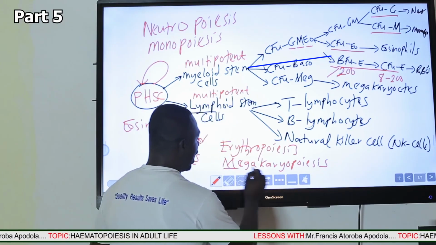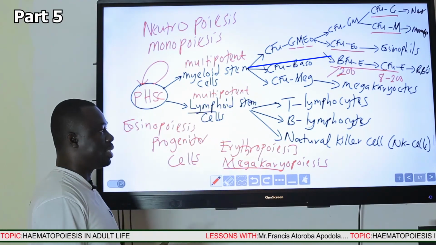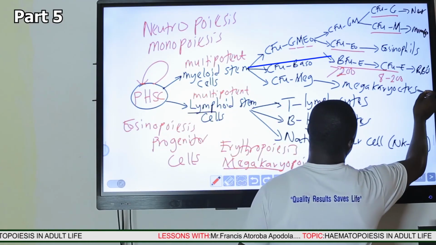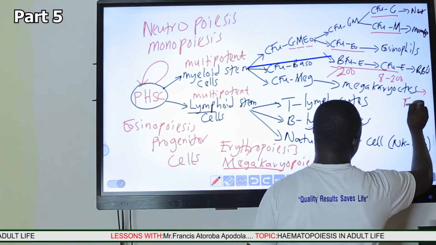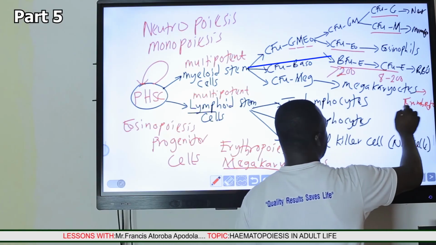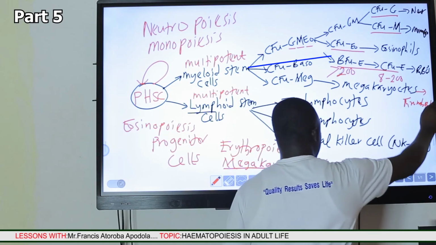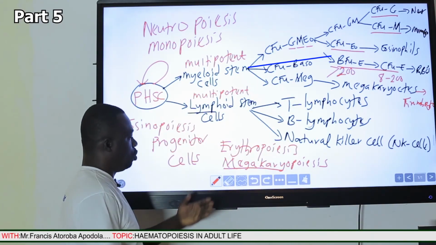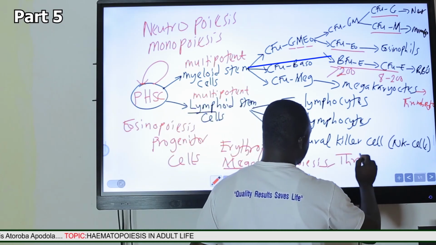So megakaryocyte production is known as megakaryopoiesis. Notice that these megakaryocytes are what will give rise to our platelets, and platelets are called thrombocytes. So the terminally differentiated cell is actually thrombocytes and not megakaryocytes, and therefore the production of thrombocytes is known as thrombopoiesis.